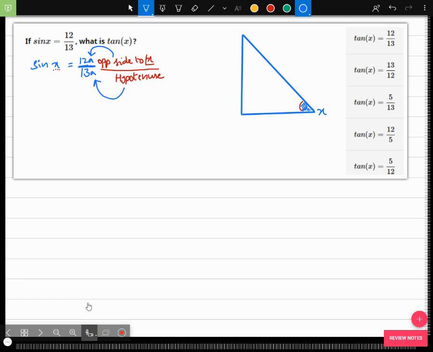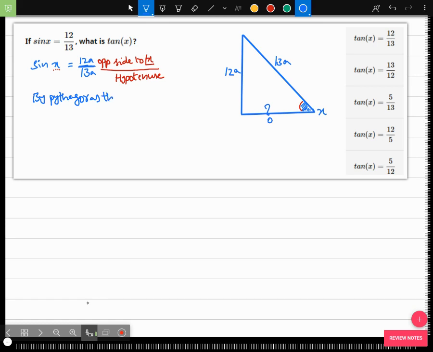So the one opposite to x is 12a and this one is 13a, and can you figure out this one? Yes, again using the same Pythagoras theorem. Let's quickly compute by Pythagoras theorem.